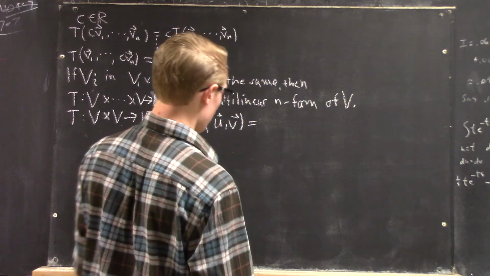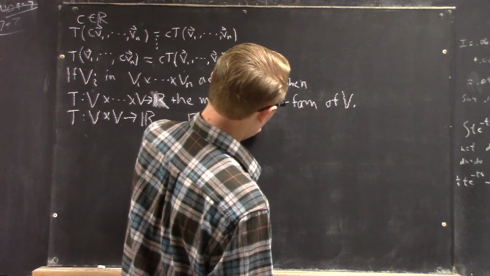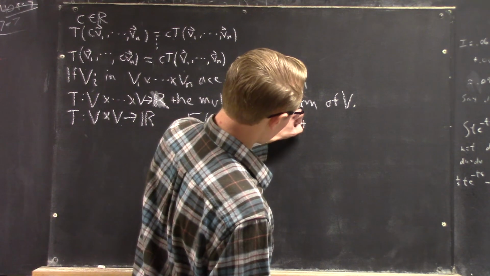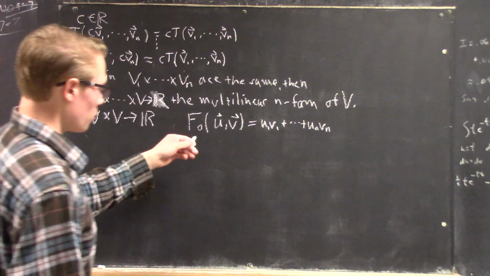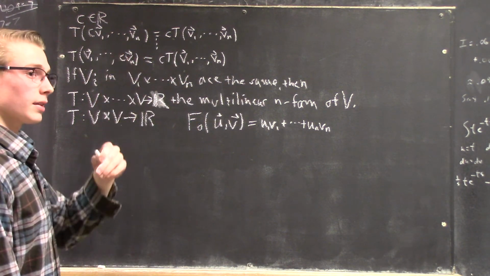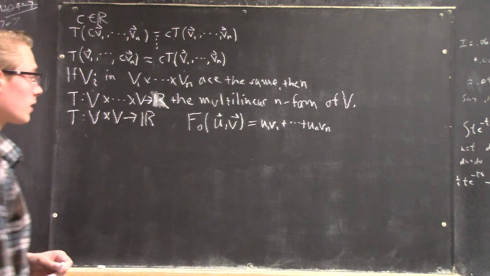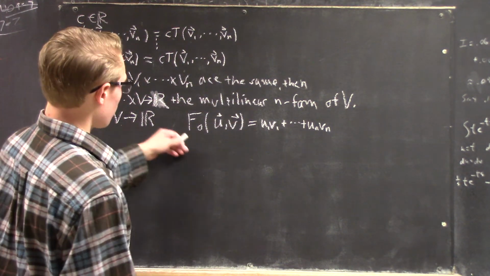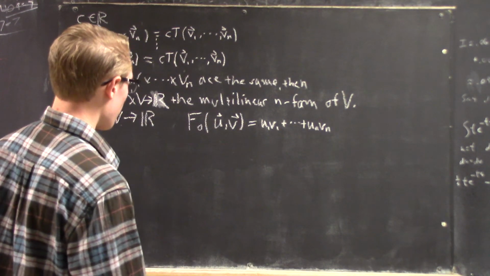We can define this function as such: u1 times v1 plus up to un times vn, where the elements of u run from u1 to un, that's each component, and of course that corresponds to vector v. And this of course is the dot product for any particular vector of a particular dimension.